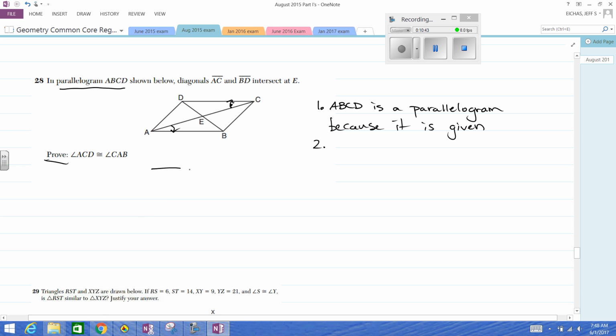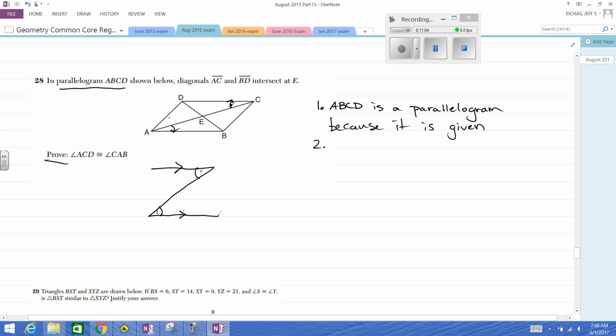What I try to teach my students is look for the N or the backwards N, or Z, backwards Z, and these inside corners. If you have that, these are your alternate interior angles, so those are your parallel sides.